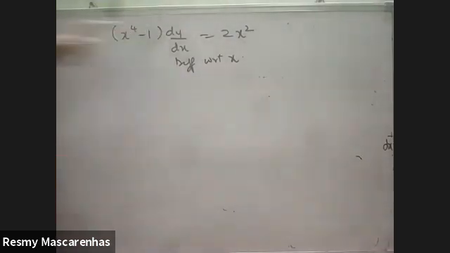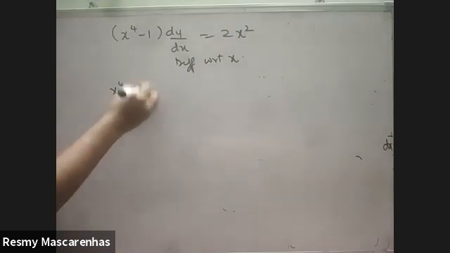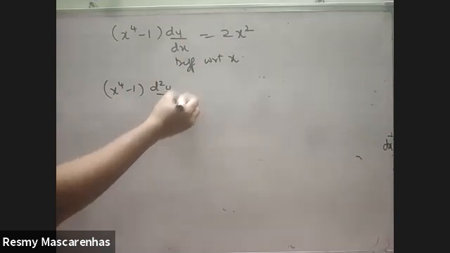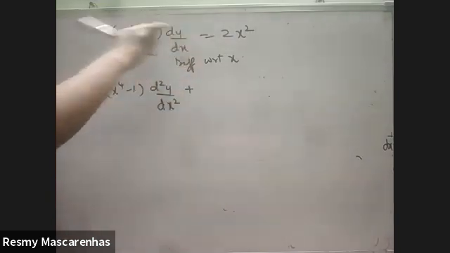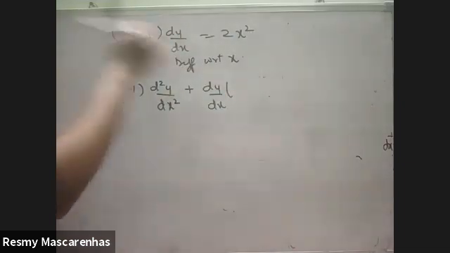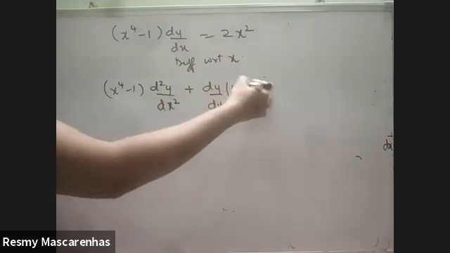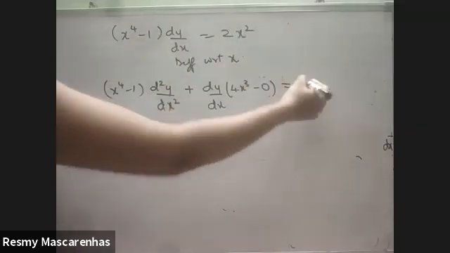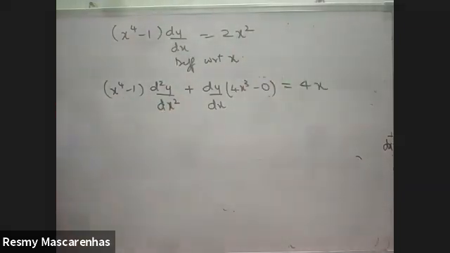So u into derivative of v, that will be v square d2y upon dx square, then plus v into derivative of u, that is 4x cube, and derivative of minus will be 0. This will be 4x, and that's what has been asked. Okay, 4x cube divided by x square is equal to 4x.